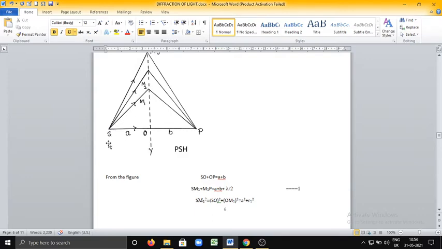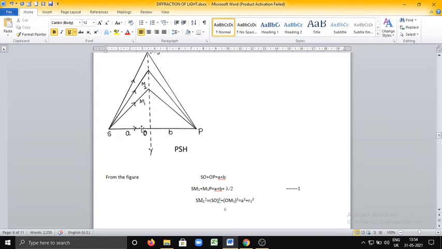Therefore, SM1 square is equal to SO square plus OM1 square. SM1 plus M1P: if SO plus OP is equal to a plus b, then SM1 plus M1P is equal to a plus b plus lambda by 2.